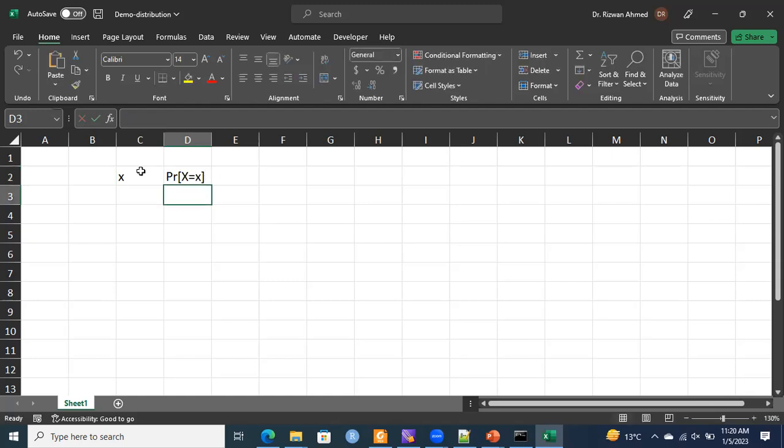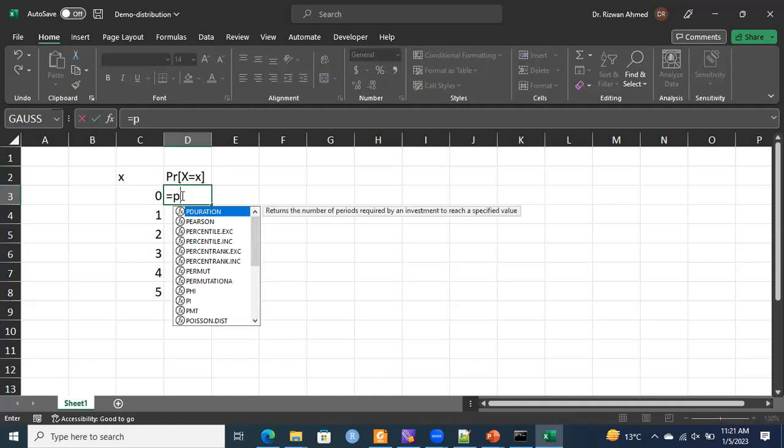For 5 tosses of a coin, the possible outcomes are 0, 1, 2, 3, up to 5. And for the corresponding probabilities, the probability in one trial is 0.5. We know that for a fair coin.